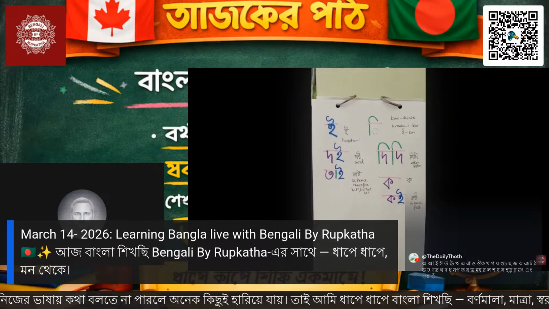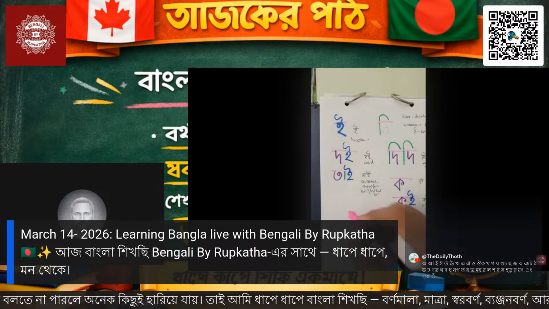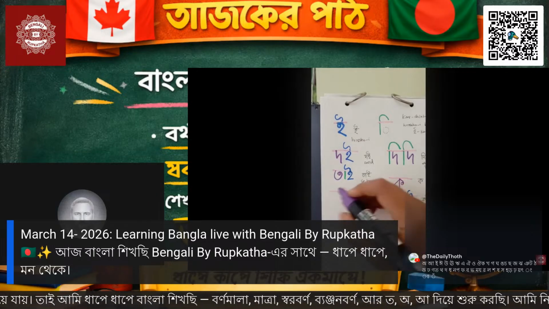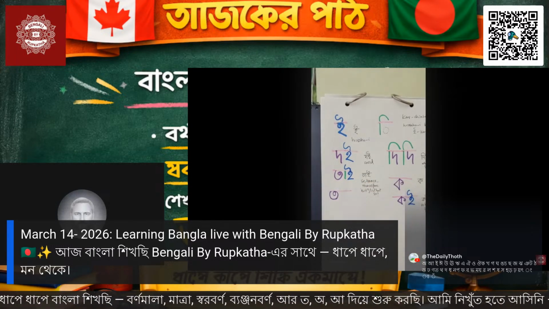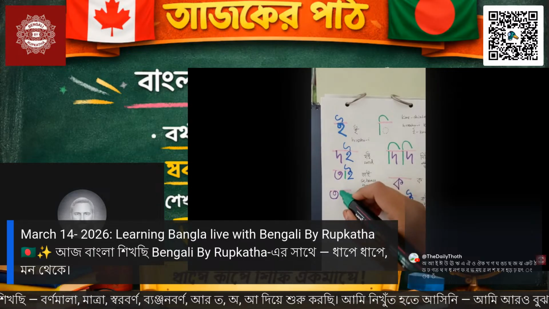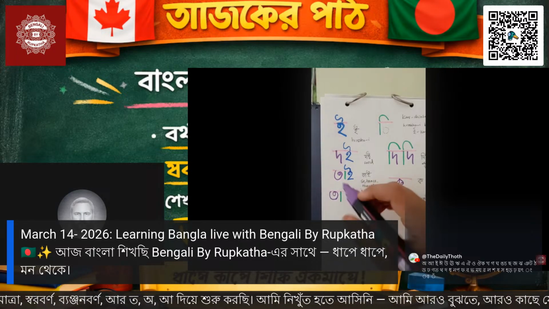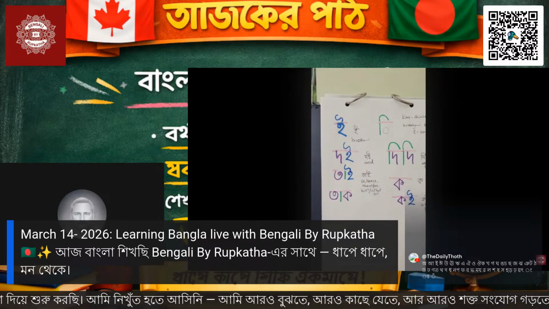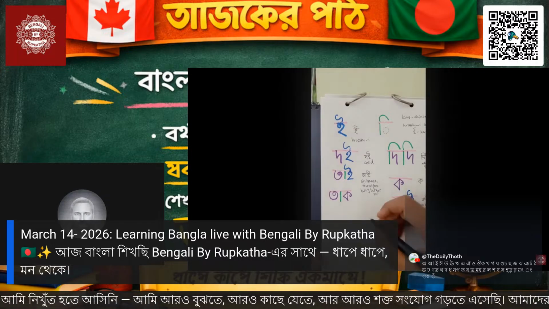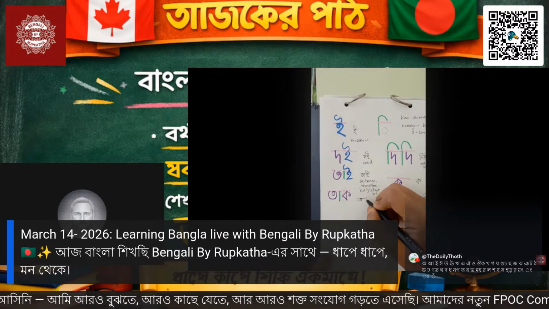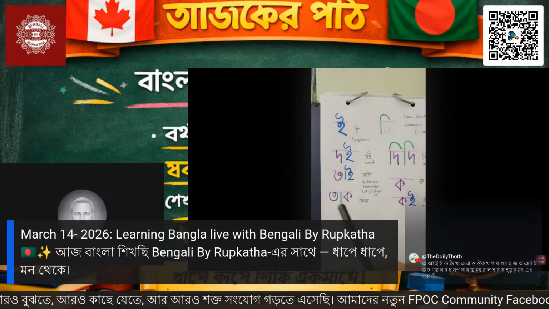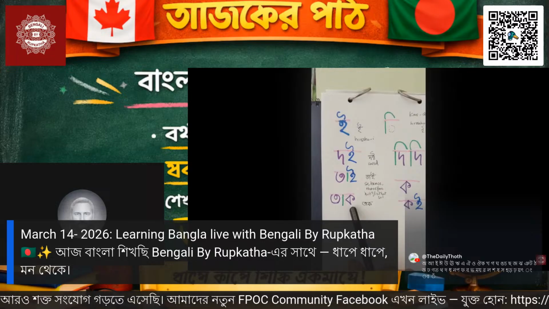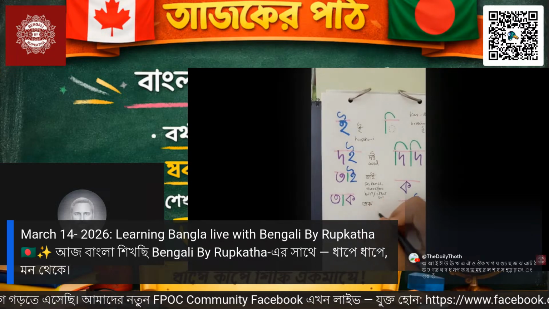With ka, let us practice some words. Hope the colors are helpful in identifying what is what. This word is toy akar and ka. Tak, tak.